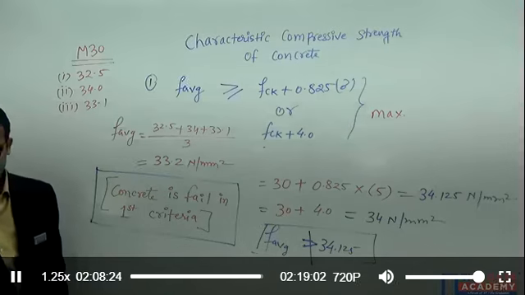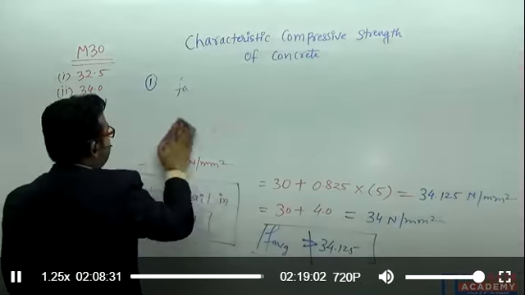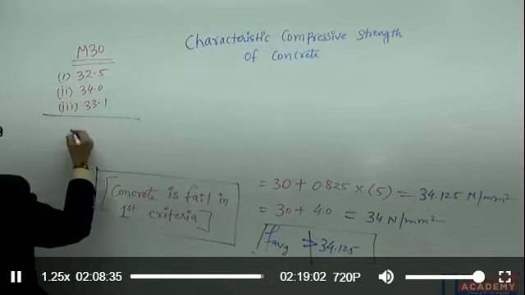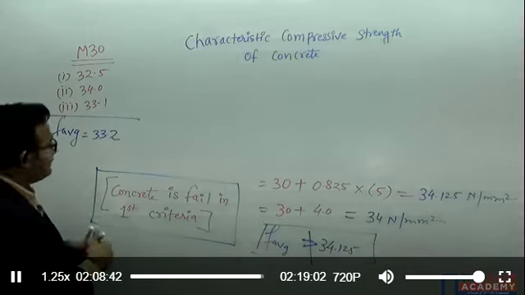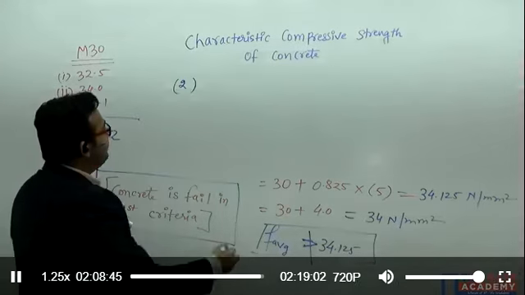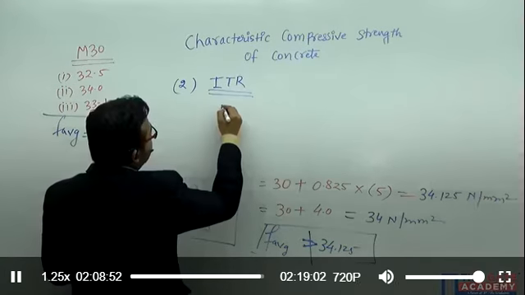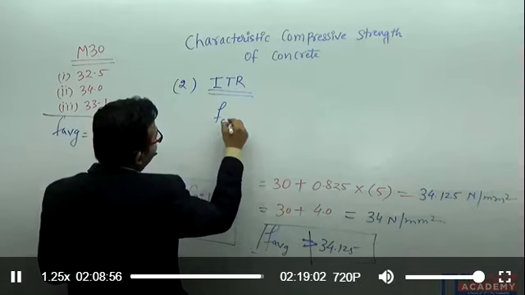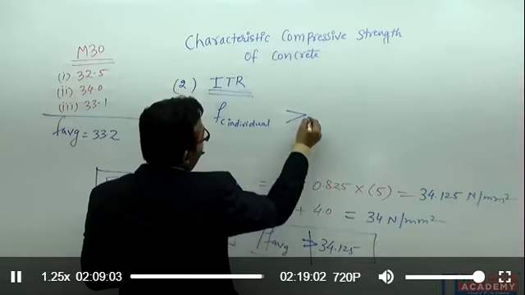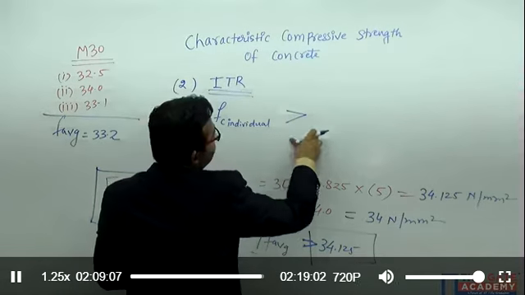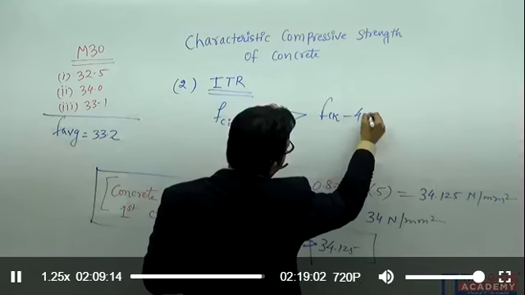Please write down. The second criteria is the individual test results criteria. So here I can write the f average they have given me, 33.2. Right, now we are going to start the second criteria, the individual test result criteria. As per this criteria, fc individual should be greater than fck minus 4.